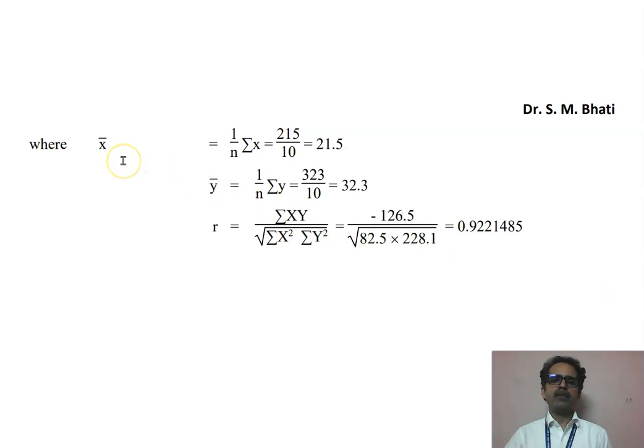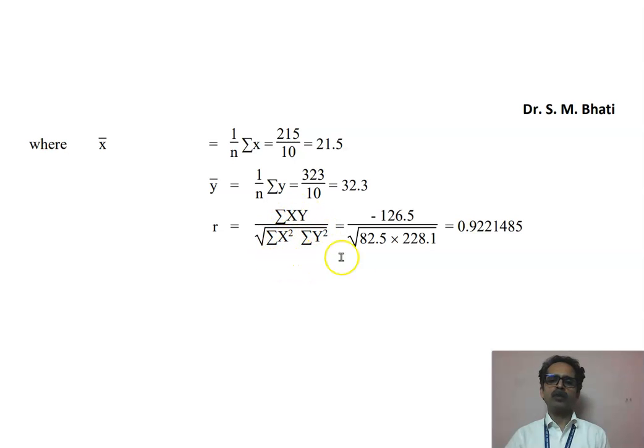Now here x bar, we know the formula of x bar, it is 1 upon n summation x, and that is 215 upon 10, that is 21.5. After completing the first two column sums, you have to find x bar. Then this is the formula for y bar, and using the second column you can calculate y bar. Now this is the formula for r: summation xy upon under root of summation x square into summation y square.